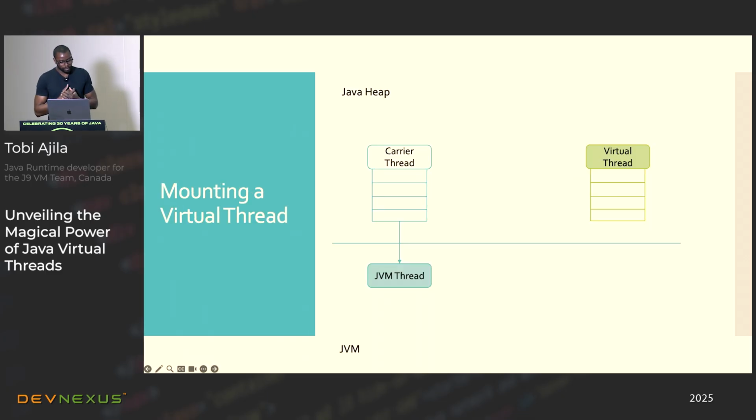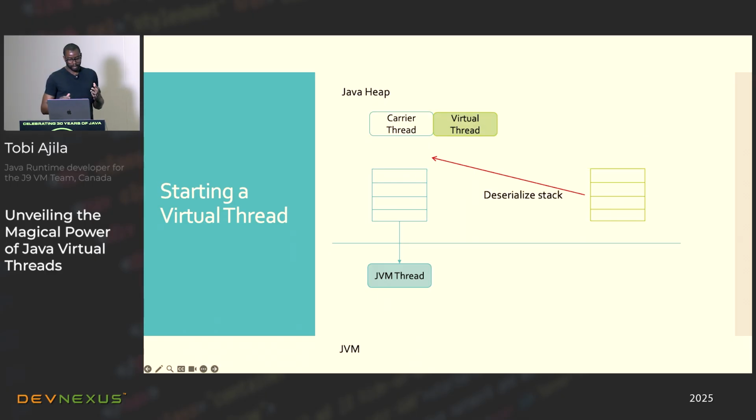When a virtual thread is mounted, initially you'll have a virtual thread somewhere on the heap. If it has been executing before, so if it has been started already, it'll have state associated with it. I have a little stack there to represent that. But if this was a new thread, there'll be no state. The act of mounting the thread involves basically taking that state and putting it on the carrier thread.